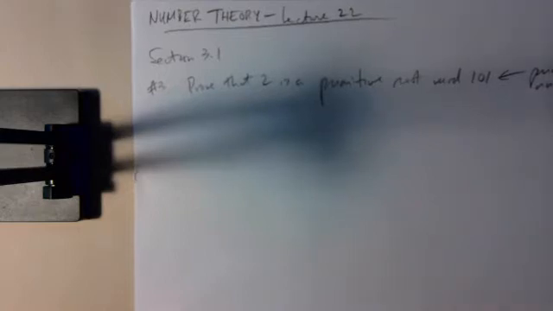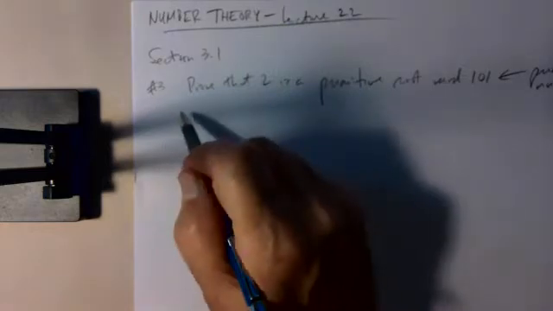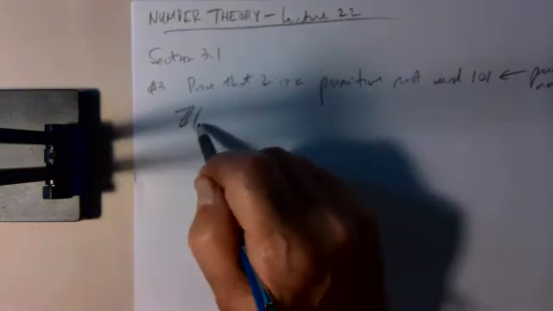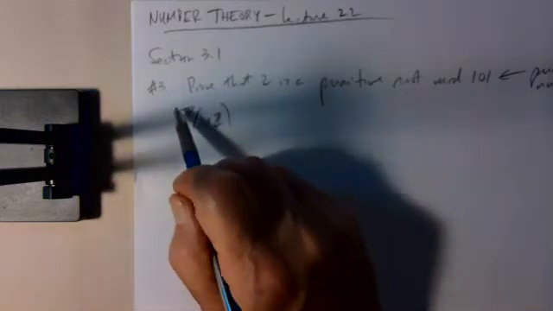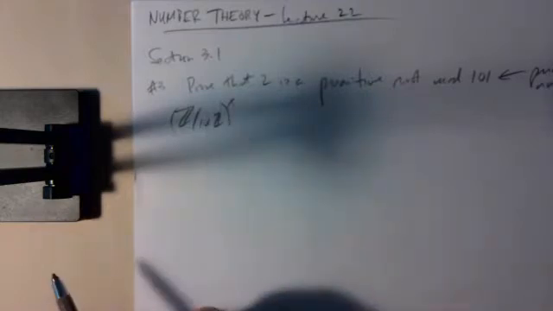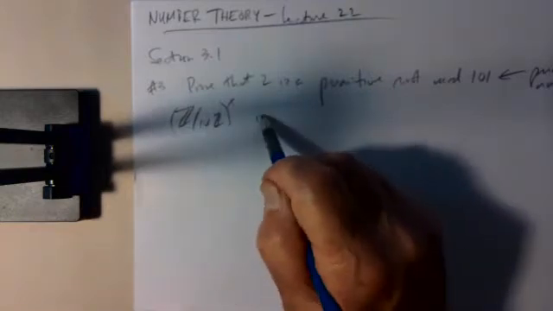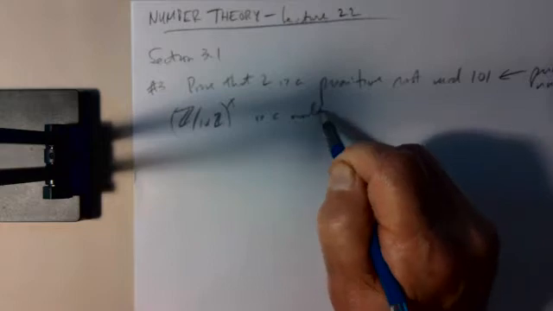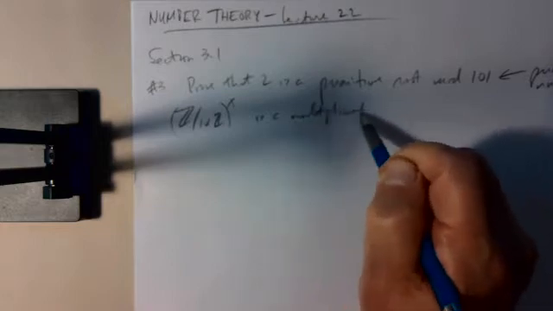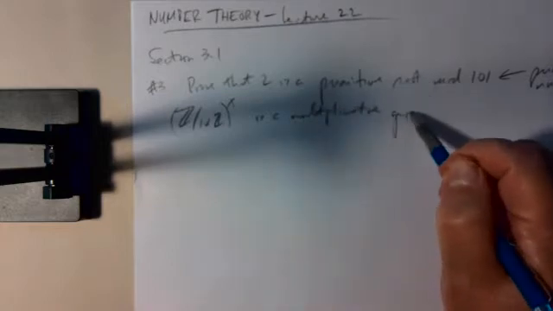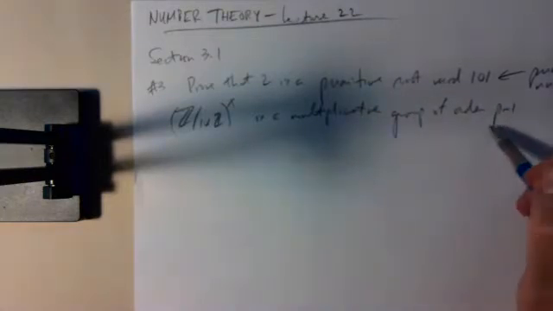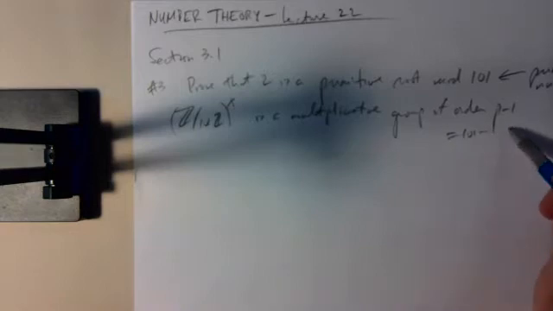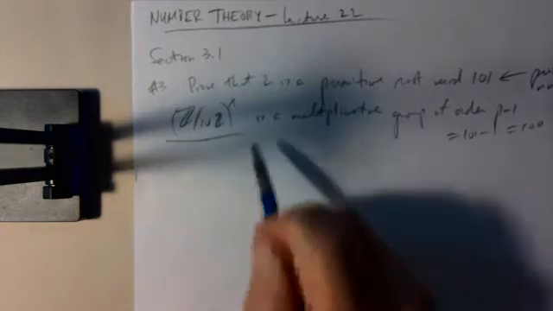And so if we look at Z mod 101Z, that's all the congruence classes mod 101. And if I look at that star, that means the non-zero congruence classes. This is a multiplicative group of order p minus 1, which is 101 minus 1, or 100.